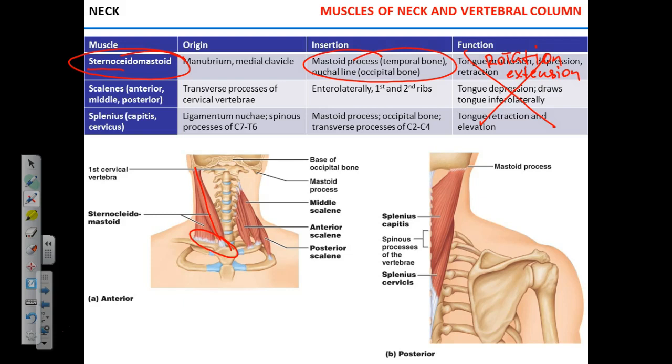Scalenes. There are three scalene muscles: middle, anterior, and posterior scalene. They originate at the vertebrae and insert into the first and second ribs.